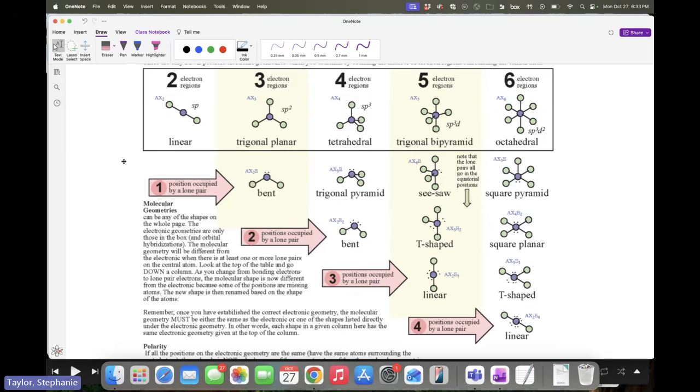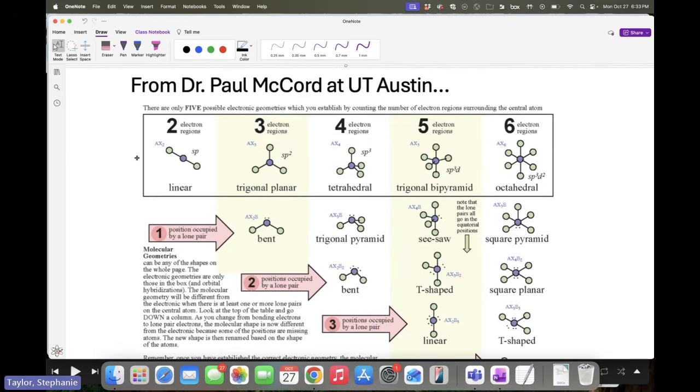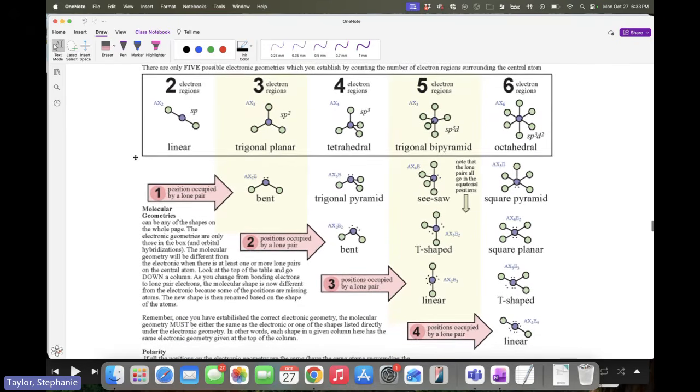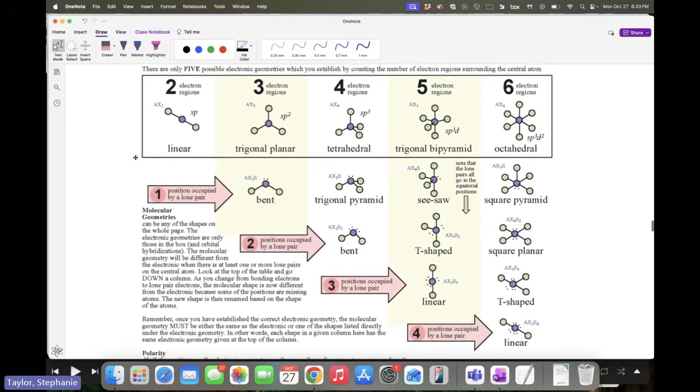That's the other reason why I stole it, but I try to put his name on it as often as possible because I did not make this. I just admired it. I like it. I should actually double check and make sure he's still at UT Austin. Anyway, a lovely human.